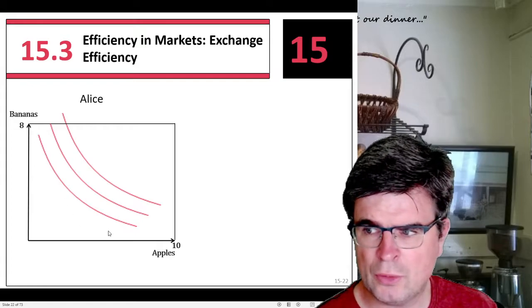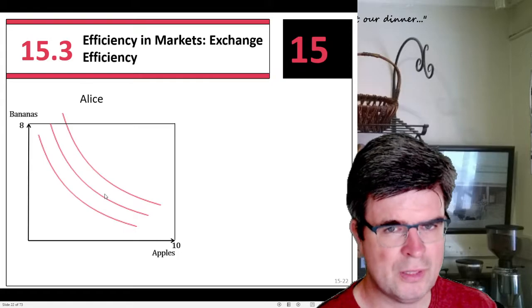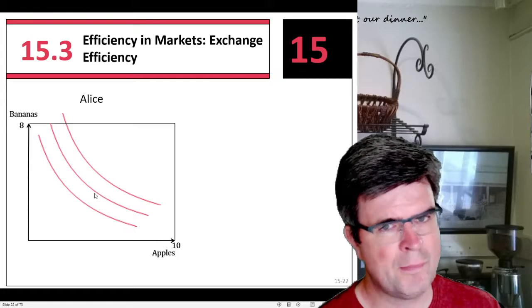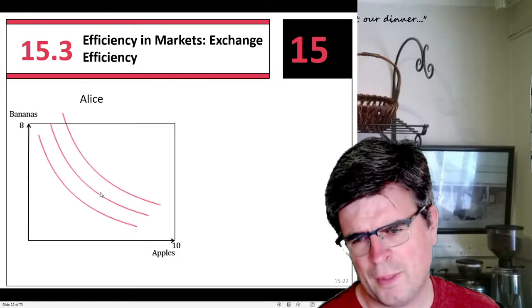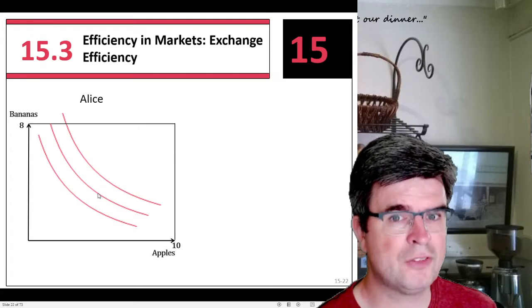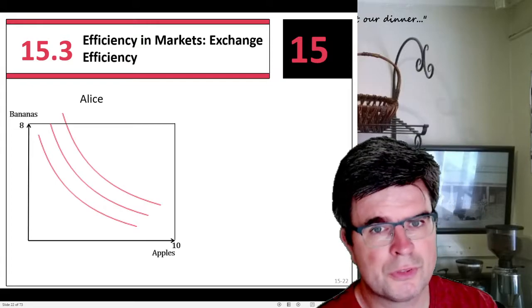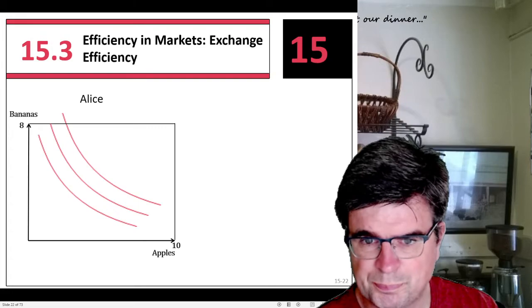And these pinkish curves are some indifference curves of Alice. You can see that they're nicely convex, no corner solutions here. Probably Alice will prefer some mixture of apples and bananas because the indifference curves are nicely convex.